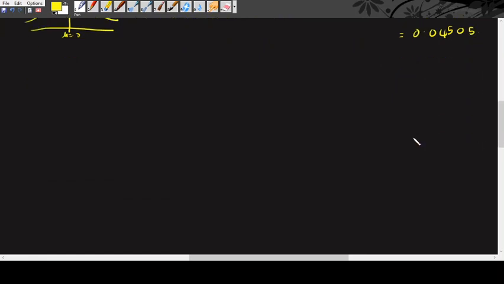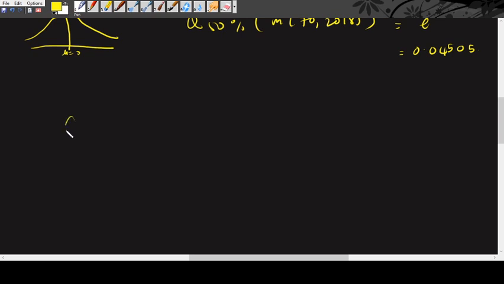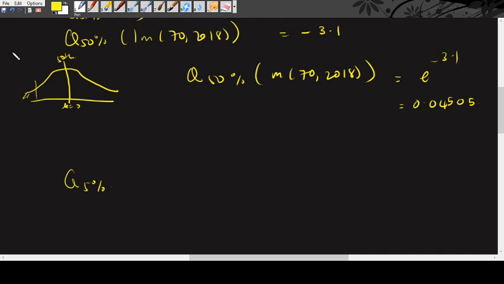The next thing that we want to find is Q5%. For 5%, if you look at the normal graph here, 5% will be somewhere around here. If you check the normal table, you are going to get this equal to negative 1.645.